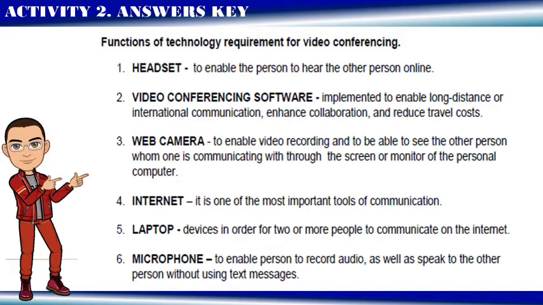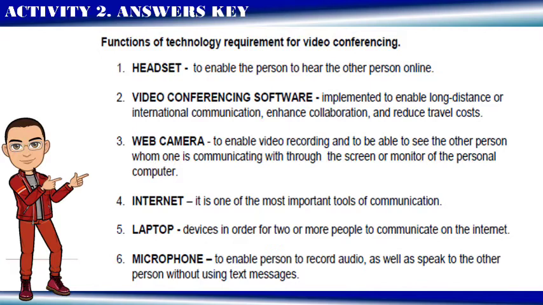Number 3, web camera. To enable video conferencing and to be able to see the other person whom one is communicating with through the screen or monitor or personal computer. Next, internet. It is one of the most important tools in communication.